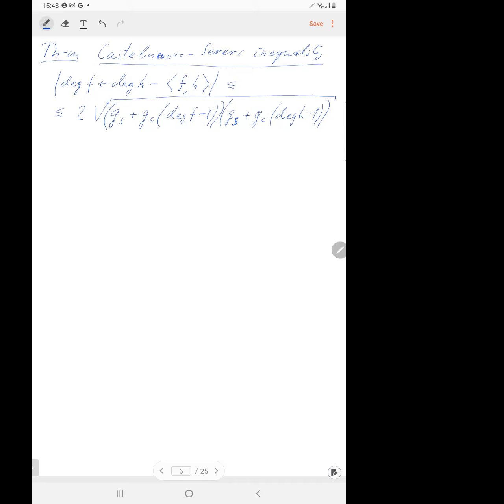Okay, so let's prove this, and then maybe next week or even next time we will apply this to counting points on curves over finite fields, and this will result in the so-called Riemann hypothesis.